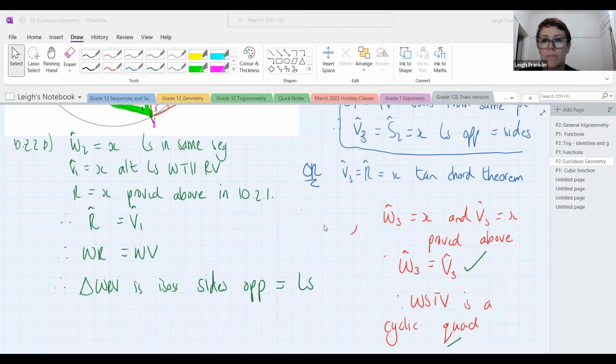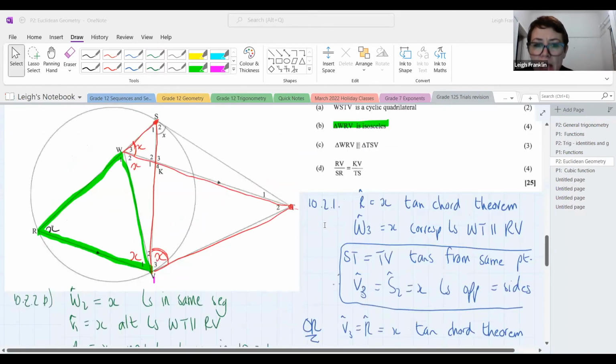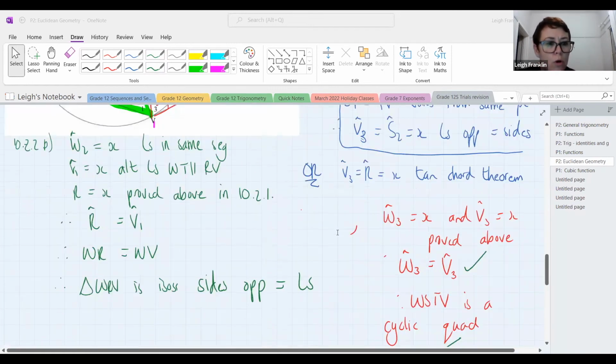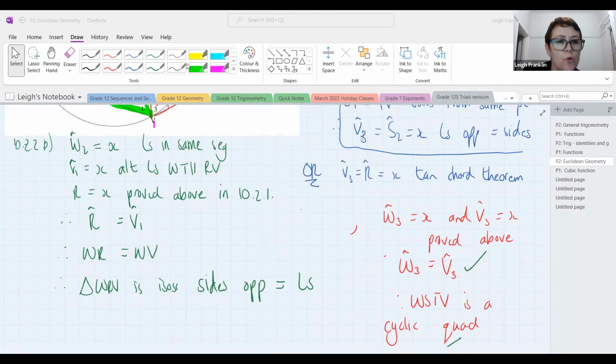Ma'am, can you please kindly go over the mark allocation for this question? Yeah, with pleasure. Okay, so this was out of 4. There has to be a mark on the reason, so the sides opposite equal angles. There has to be a mark on proving that those two sides are equal. And then here, I would say there would have to be a mark on proving that R and V1 are equal to one another.